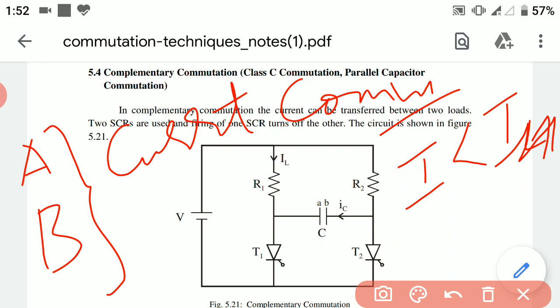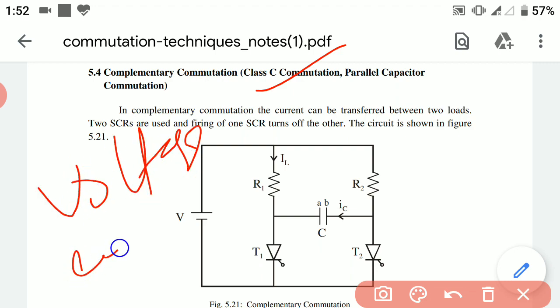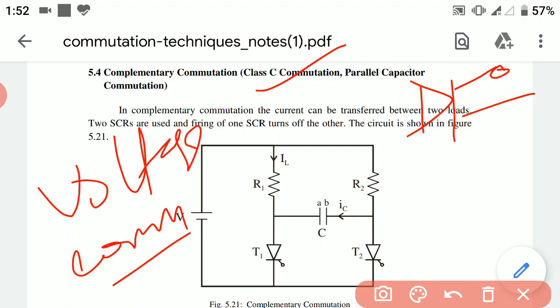Now in class C commutation we are using a voltage commutation technique, because in voltage commutation we reverse bias our SCR to commutate it.